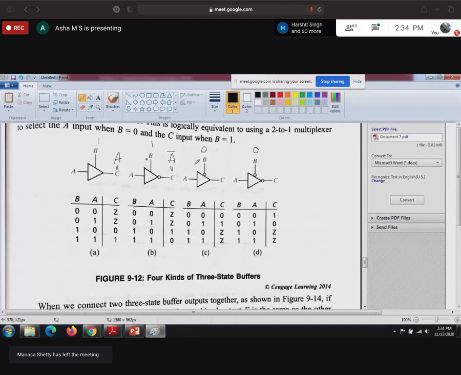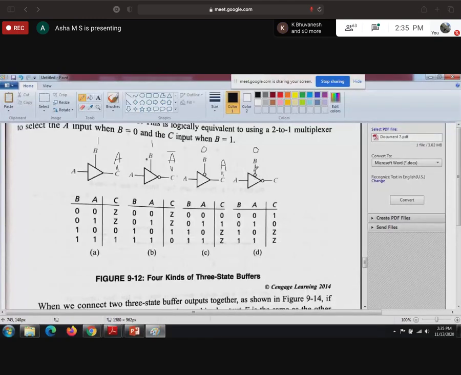If you come to the third diagram, the enable input is inverted. Enable input inverted means if the third buffer wants to become enabled, the value of b should be 0. Then the value of c is equal to a. Let's look at the last buffer.